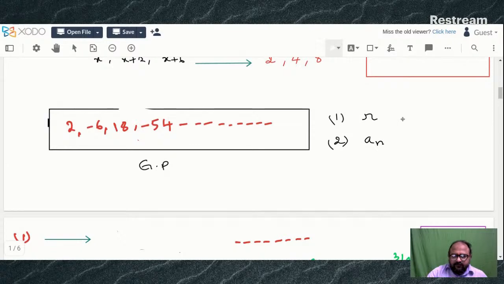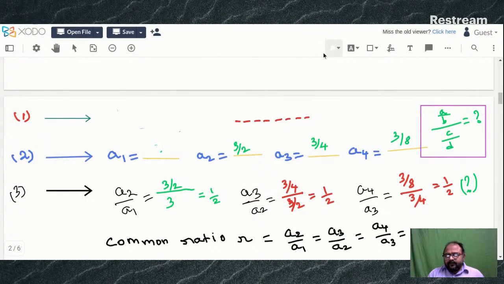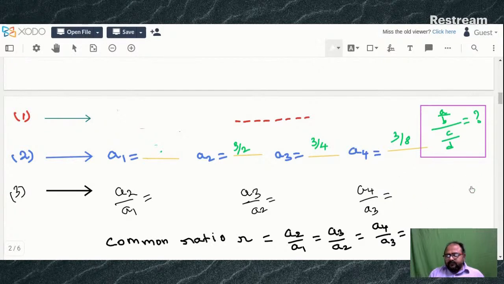Now, in the first step, you should note down the given list of numbers. Then, in the second step, you should note down A1, A2, A3, and A4.